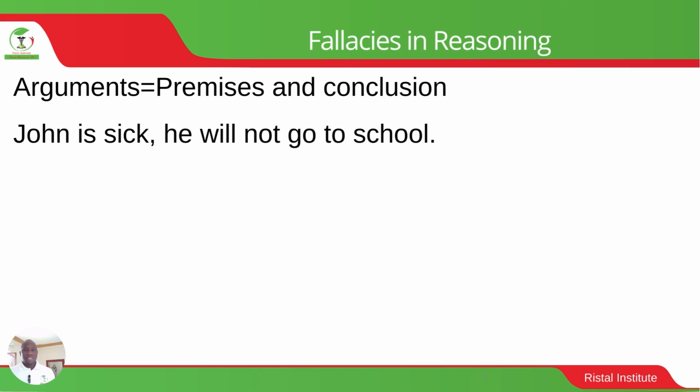And then the conclusion is the implication of the statement that has just been said. For example, if someone says John is sick, that statement is either true or false. It is a premise, and the conclusion to that is that John will not be able to go to school. That kind of statement is what we call an argument.